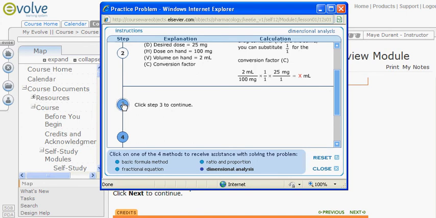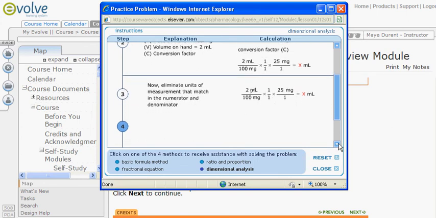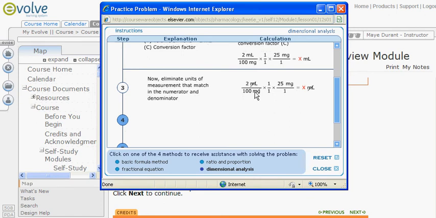Then you can go into step 3, and here what they're doing is they're eliminating the units of measurement and just making it a problem. And to do that, I like to leave my units of measurement on there, just the fact that I know they have to cross over. You can't have milligrams and grams right here on the same line.